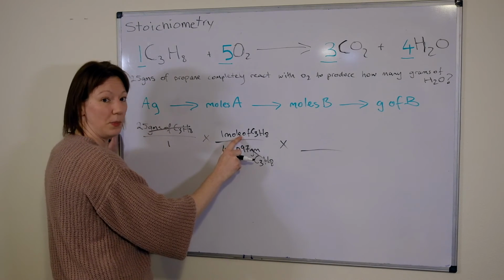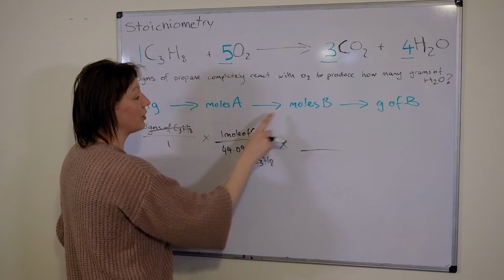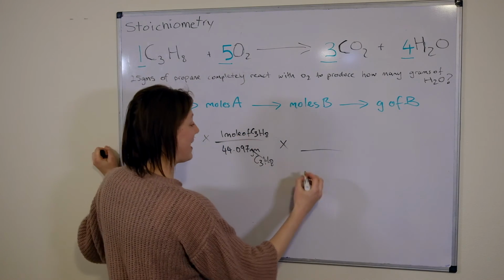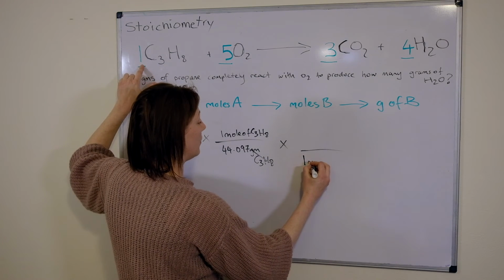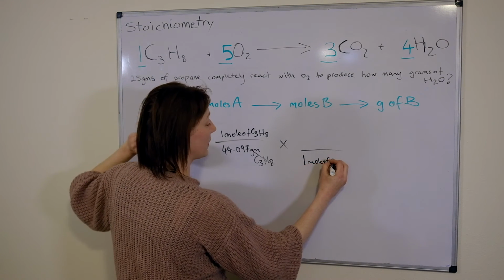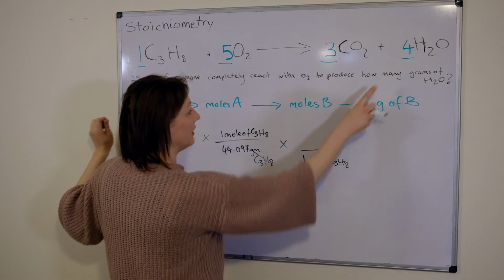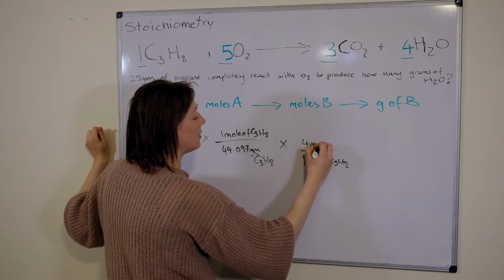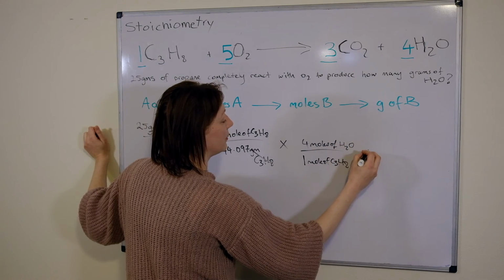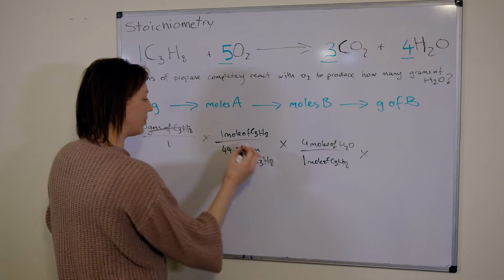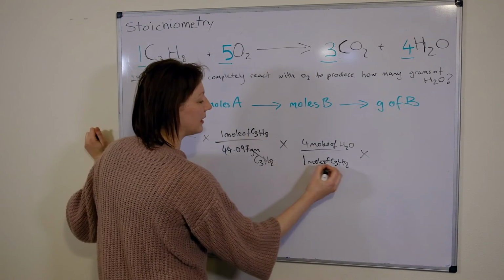And we're going to moles. So now we're wanting to go to moles of B. So we have moles of A, how many? What's the ratio? 1 mole of C3H8 is to 4 moles of H2O. Okay, we continue on with our equation. These are going to equal out.